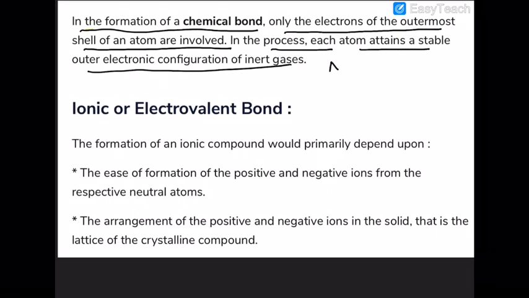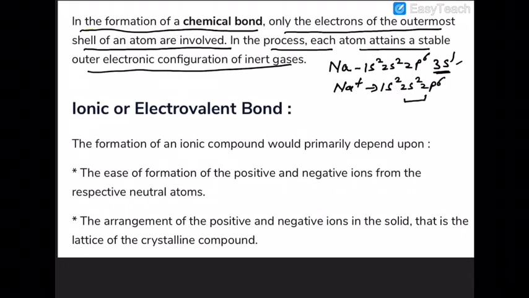Like sodium, which has 1s2, 2s2, 2p6 and 3s1. One electron will be lost and it will transform to Na plus. So the outermost configuration is 1s2, 2s2, 2p6. Look at the valence shell, 2s2, 2p6: it becomes the noble gas configuration.